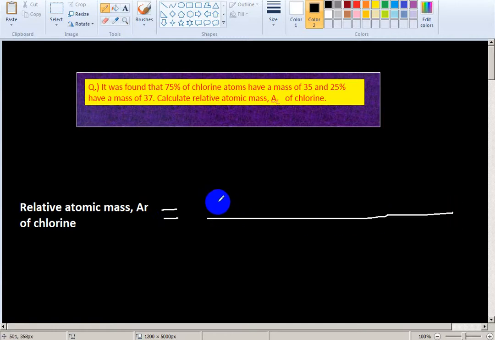At first we write the percentage. The first isotope percentage is 75, and its mass is 35. There are two isotopes. One isotope is done. Now the second isotope is 37 and its percentage is 25. I write the percentage and then multiply by its mass, 37, divided by 100.